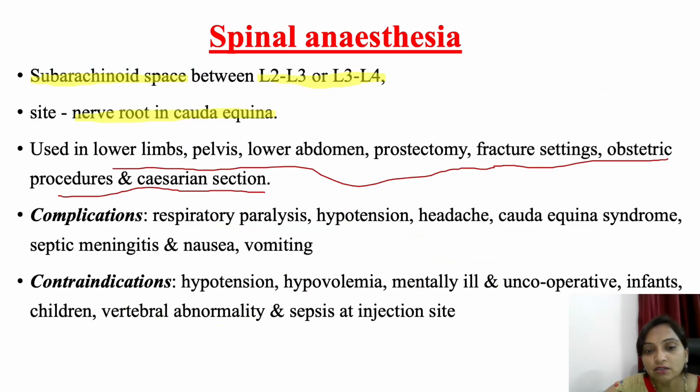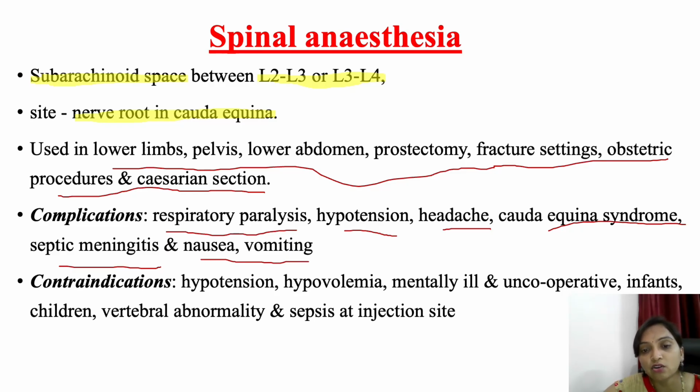What are the complications? There can be respiratory distress, hypotension, headache. A very common side effect of spinal anesthesia is headache. Cauda equina syndrome, septic meningitis because of inappropriate technique, and infection which can lead to meningitis, nausea and vomiting.